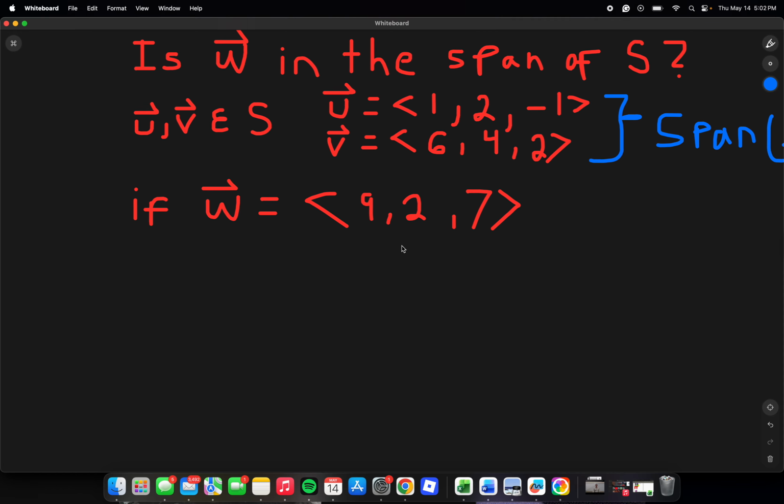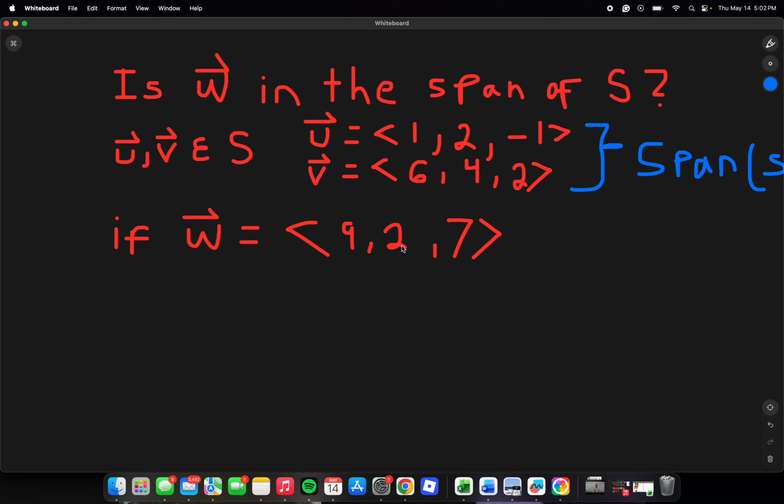Okay, so to show that w is in the span of the subspace S, you have to prove the following relationship to be true. We know that if we add and subtract u and v in some proportion, we'll get w out because it's in the plane. We know that to be true already. So what must be true is that the vector w must equal some linear combination of u and v.